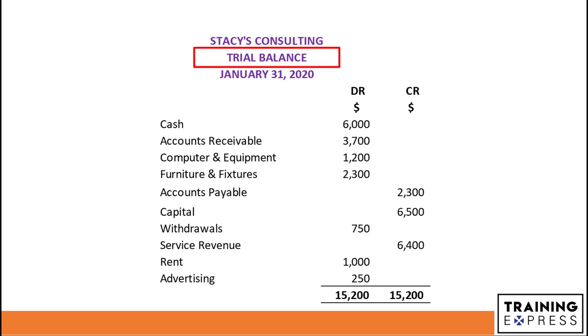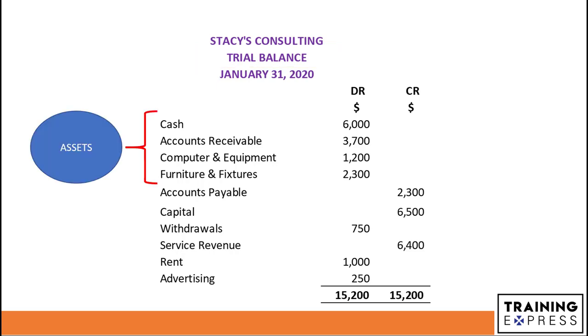You can see that as per accounting standards for private enterprises, we have listed down our different accounts. First of all, we have listed our assets. And these assets are in the sequence of liquidity or consumption. If you look at the first one, that is cash. Cash is the most liquid asset.